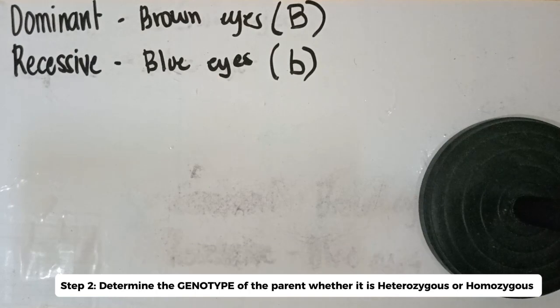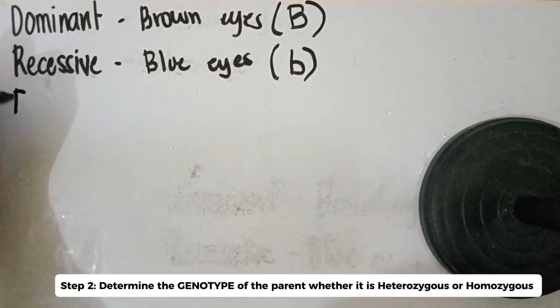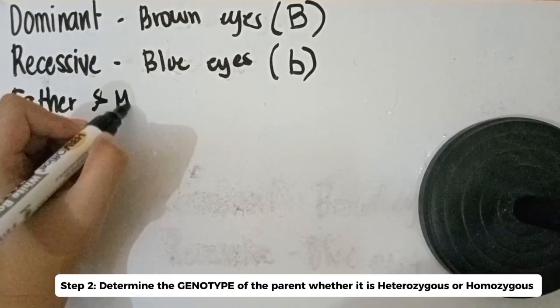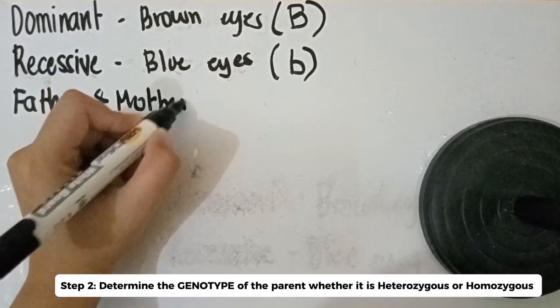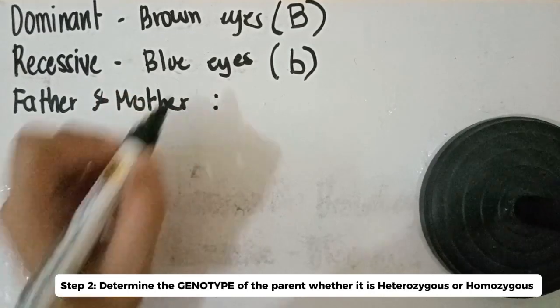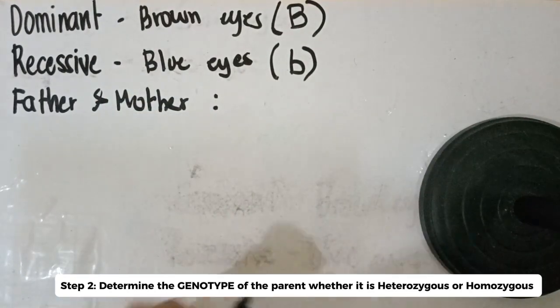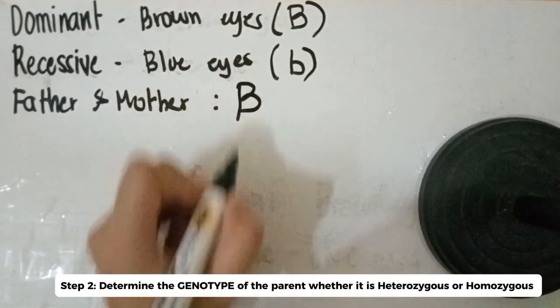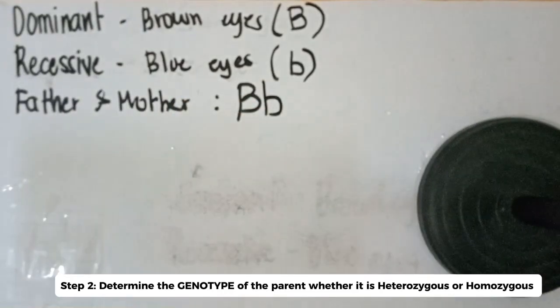In our sample, the couple are both heterozygous for brown eyes and blue eyes. So the father and mother are both heterozygous, meaning they both have a dominant and a recessive trait. So we write one big letter and one small letter.